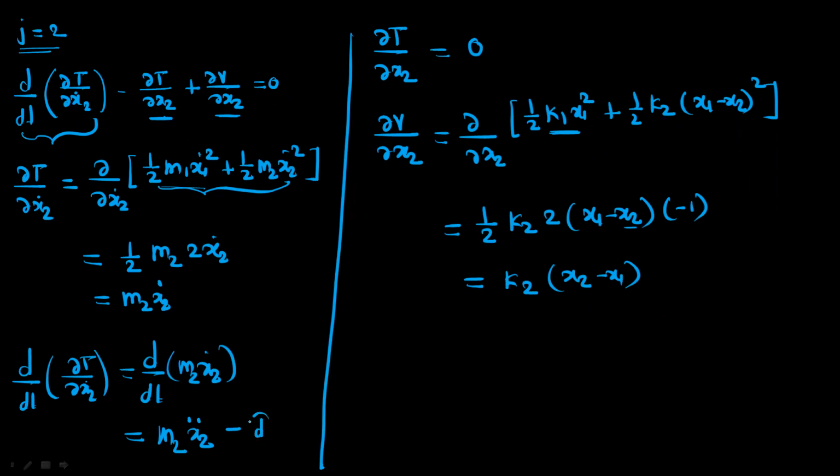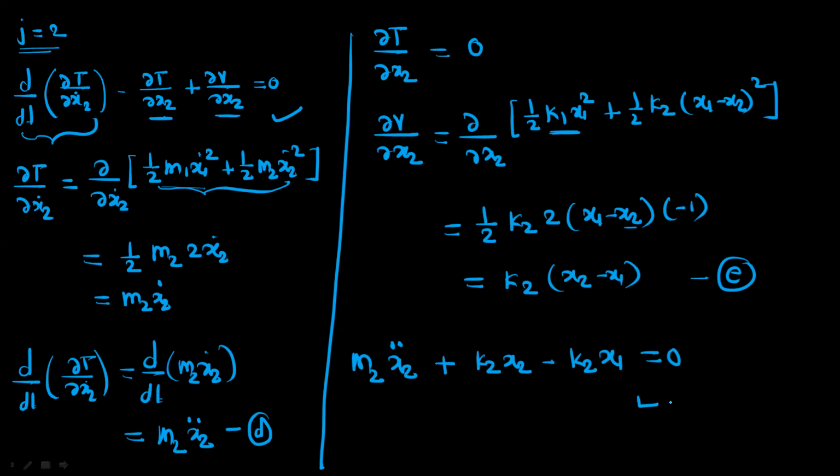You can take this as D, this is 0, and this is E. So our complete equation is m2 x2 double dot plus k2 x2 minus k2 x1. This is equal to 0. So this is the second equation of motion.